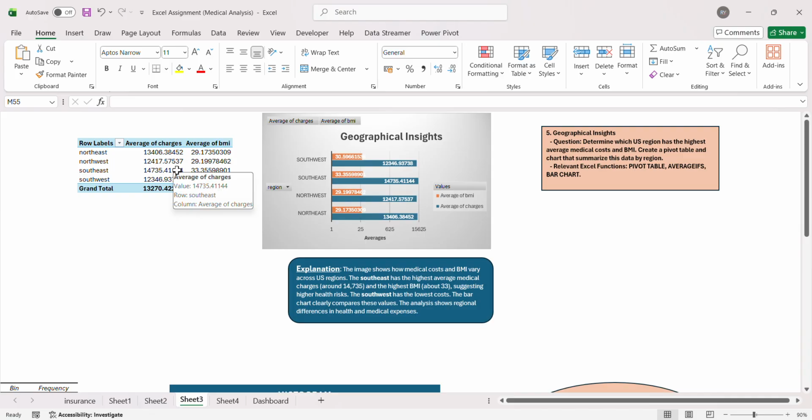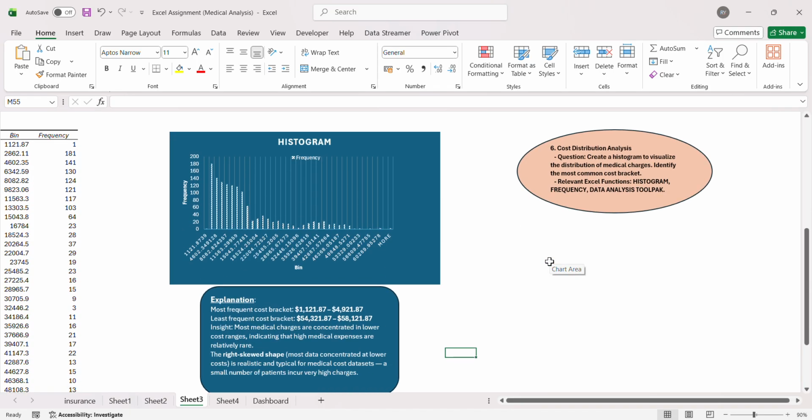In the future, if any problem arises, medical policies and loans can make things easier for them. On the other hand, the Southwest has the lowest cost. The bar chart clearly compares these values. The analysis shows regional differences in health and medical expenses.